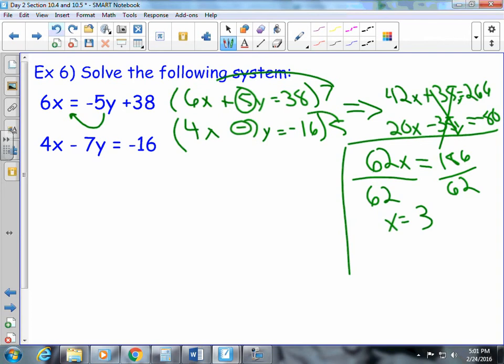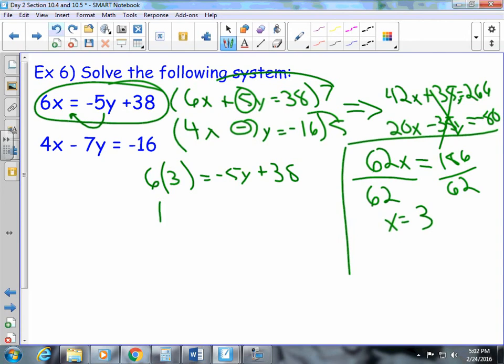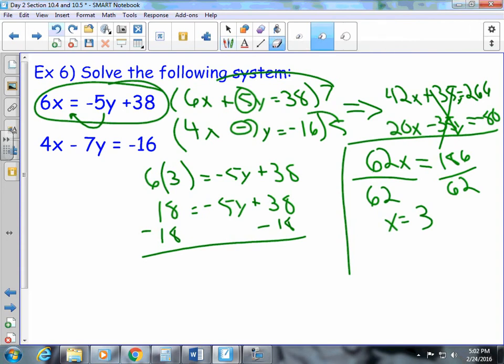Now that I know that x is equal to 3, I will plug that into any one of the equations. I could use this one, which I actually probably will because it's the easiest, I think. So if I plug in 3 for x, 6 times 3 equals negative 5y plus 38. 6 times 3 is 18. That's equal to negative 5y plus 38. If I subtract 18 from both sides, I actually should have done it the other way around.